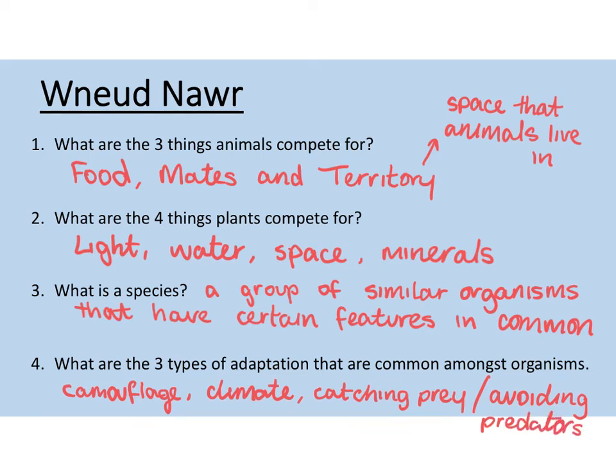Okay, so those are the answers to the do now activity. Give yourself a mark out of 4 if you got them right, and now we'll move on to today's lesson.